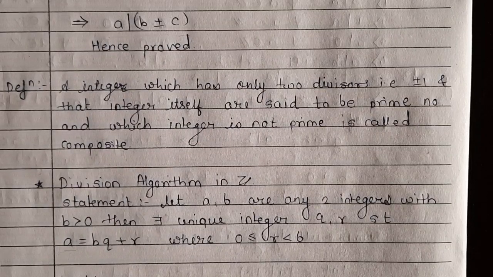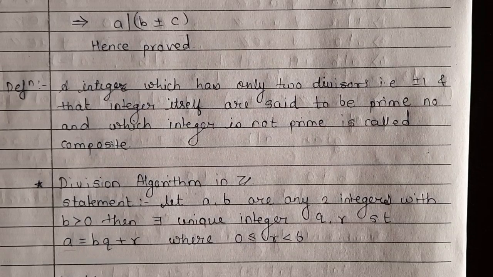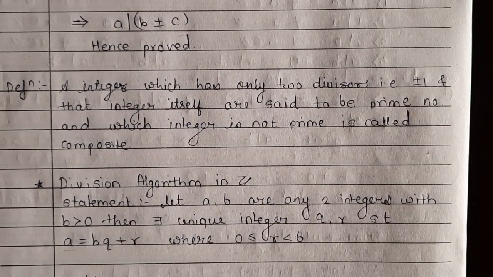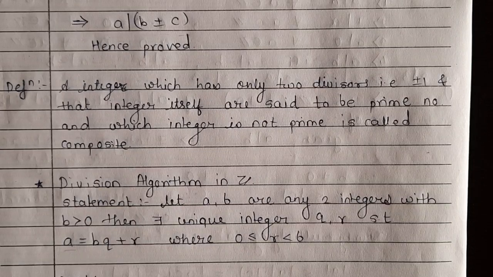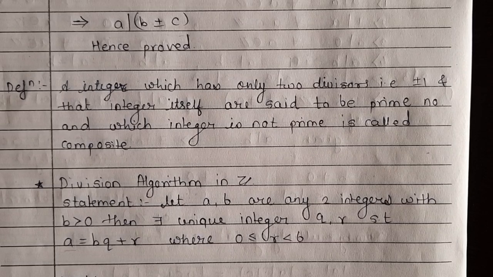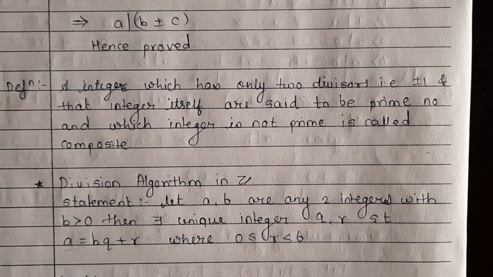If I give you 2, then I can say plus or minus 1 and 2 are its divisors, so 2 is a prime number. Can I say 4 is a prime number? No, because 4 is also divisible by 2, so 4 is not a prime number.